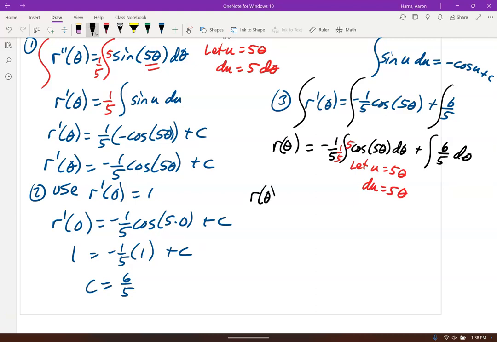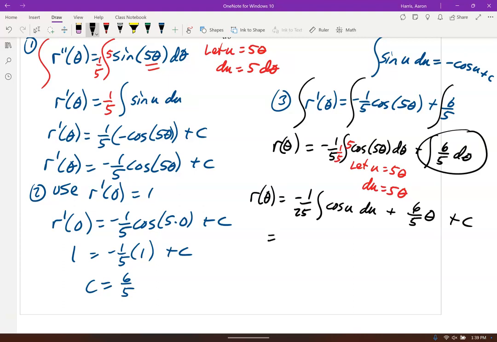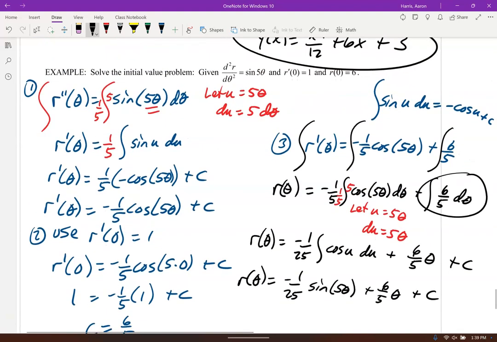So now I have negative 1 over 25, the integral of the cosine of u du, plus, I'll just take the antiderivative, 6/5 theta plus a constant. The integral of the cosine is just the sine of u, and our u is 5 theta. So we've got negative 1/25 sine of 5 theta plus 6/5 theta plus a constant. That's r of theta. Now we're going to use that r of 0 equals 6.